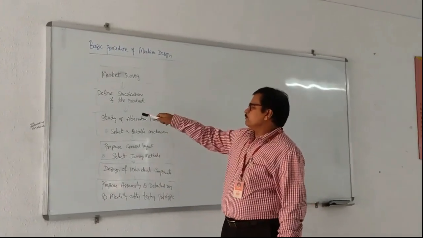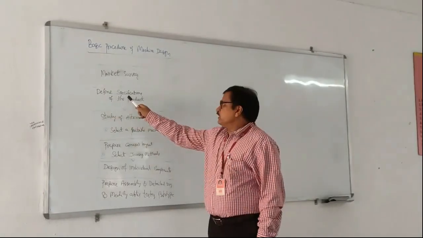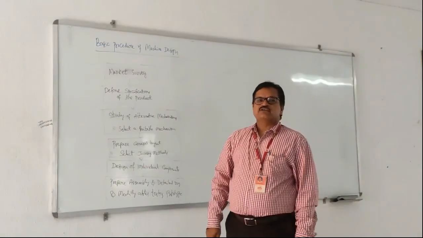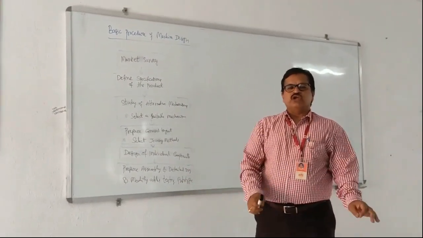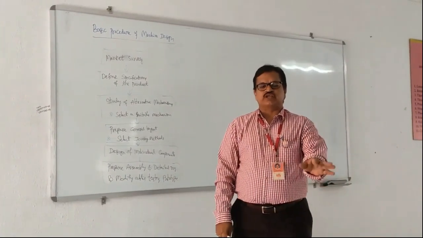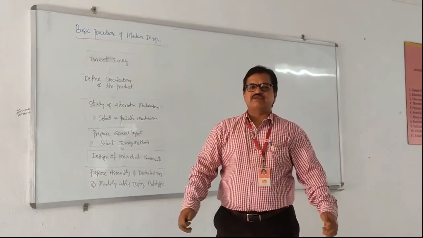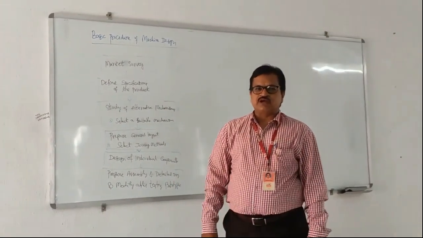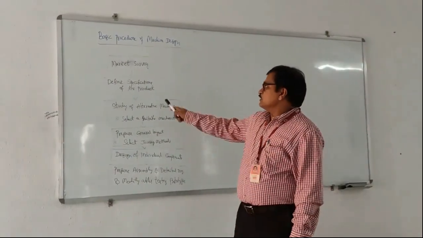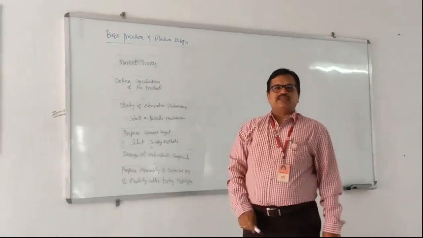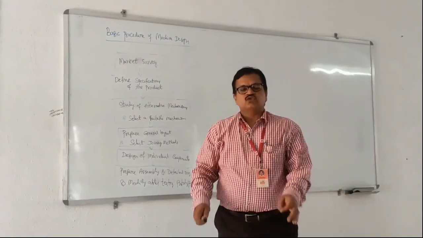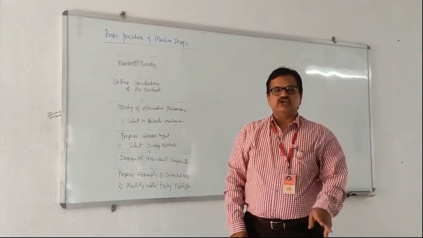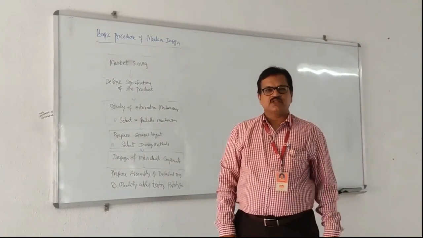Then in the next step, design specifications of the product. Suppose we are going to launch a scooter. These days electric vehicles have become very popular with various people. Suppose you want to make an electric scooter, so what are the specifications required? It should carry 2 people.